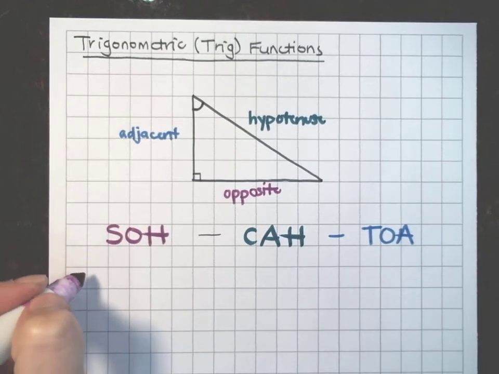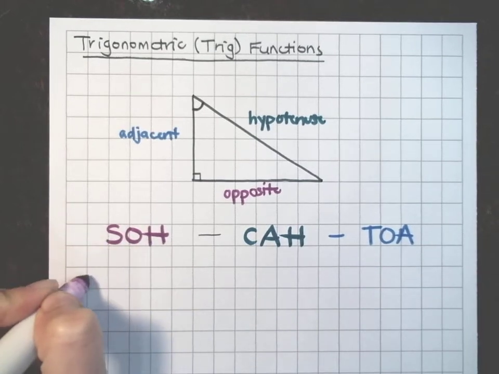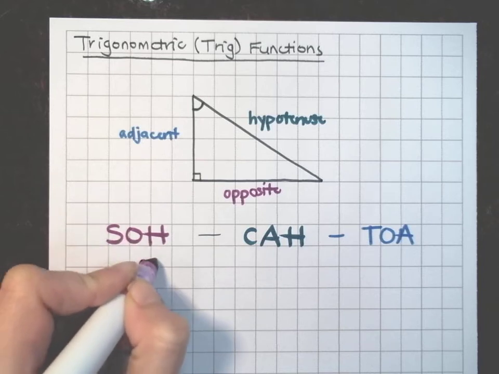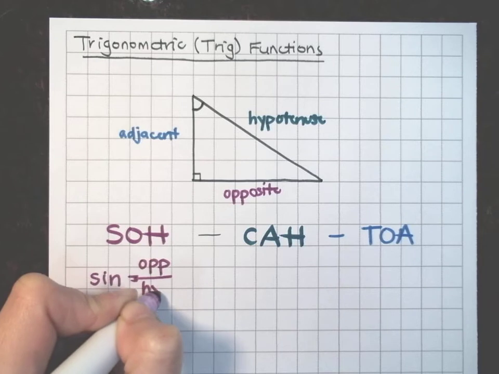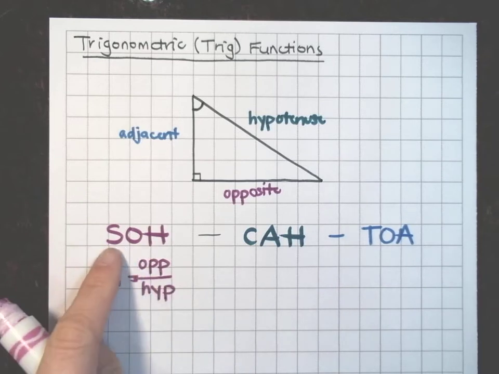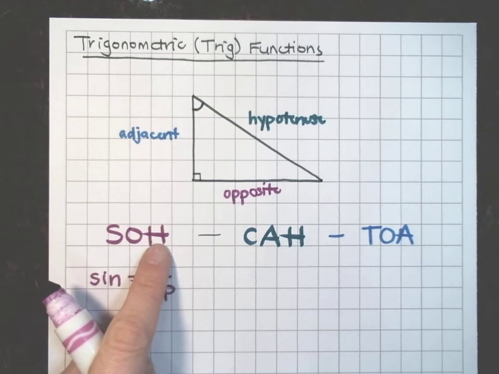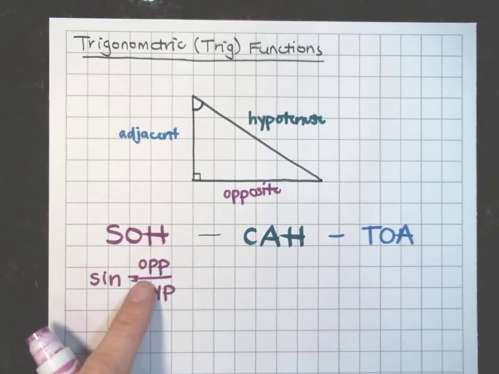And so SOH stands for sine, which equals the opposite over the hypotenuse. So S stands for sine, O stands for opposite, and H stands for hypotenuse.